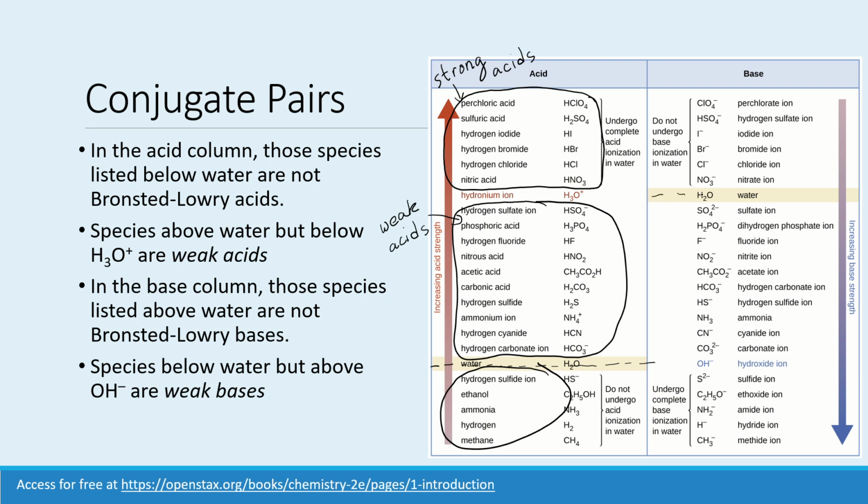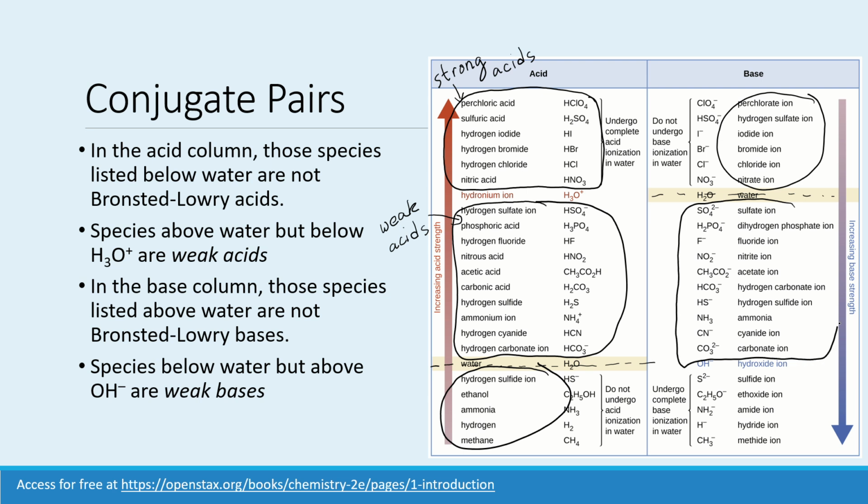Okay, and then same thing on the base side. You can find that line for the water, but it's going to be opposite. So this time, if you are above the line, you will not ionize in water. So you will not take a hydrogen from water in order to form that hydroxide ion. So those do not ionize and are not considered bases in the Bronsted-Lowry definition.